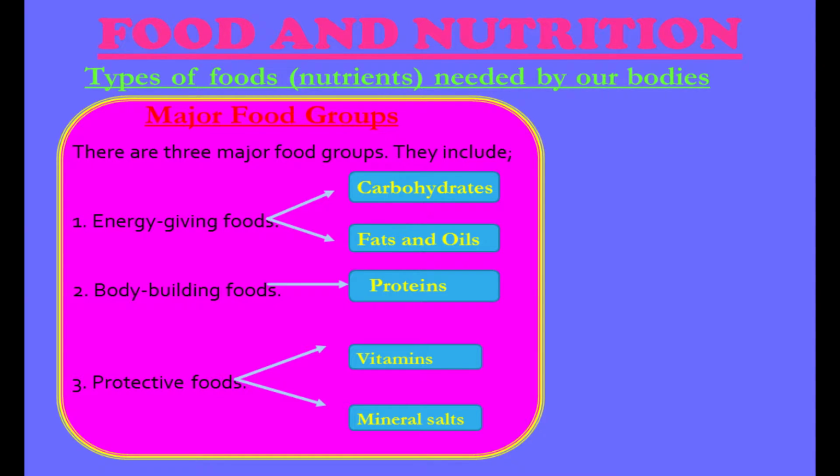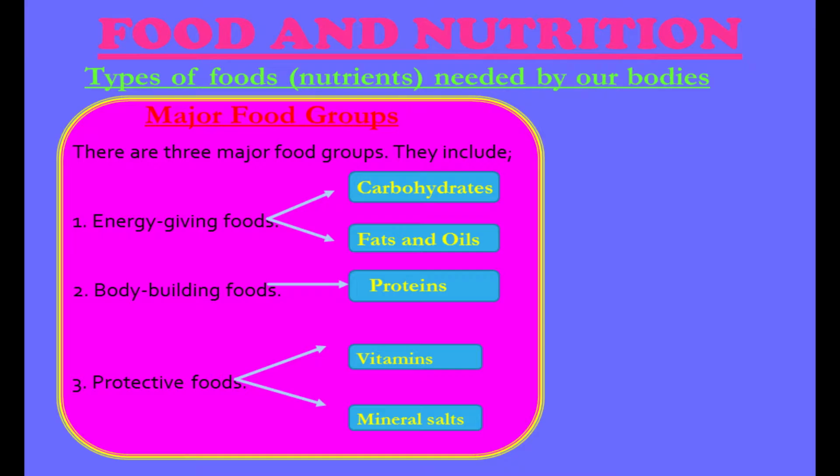Our nutrient number 2 from the energy-giving foods is fats and oils. We have said that they provide our bodies with energy. Energy to work. Energy to do everything that you think. You are able to do it because you have energy. And that energy comes from these 2 nutrients.